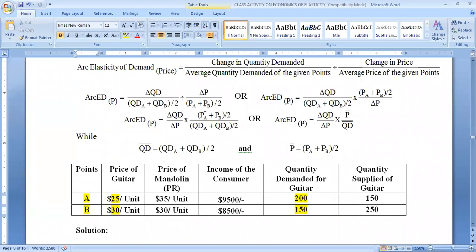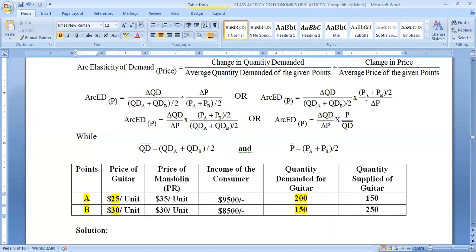The reason behind it is that we have changed the sign of division into sign of multiplication. So the quantity demanded fraction remains as it is, delta QD divided by QD at point A plus QD at point B, the sum is divided upon 2, multiplied by PA plus PB, the sum is divided upon 2, divided by delta P.